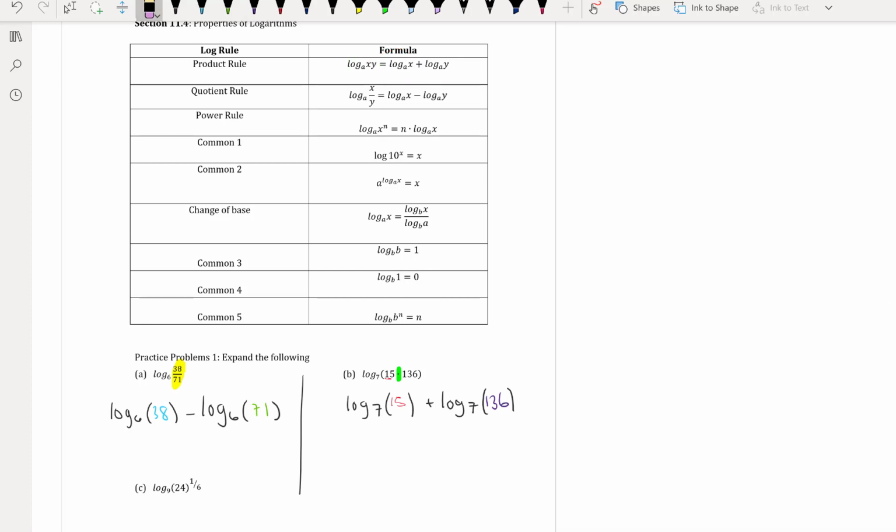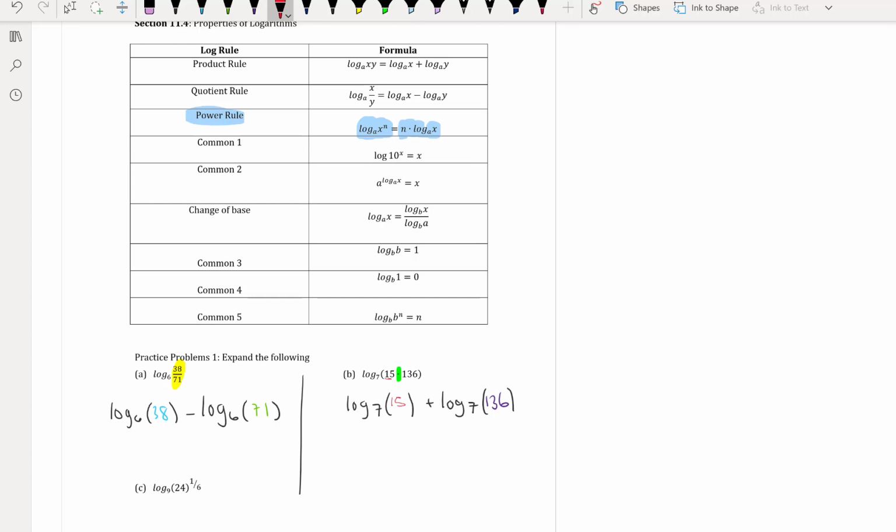Okay, so now I have used the quotient rule and the product rule. The last one we're really going to want to look at is our power rule. What's really different about the power rule is that the power, or the exponent, gets brought out in front.